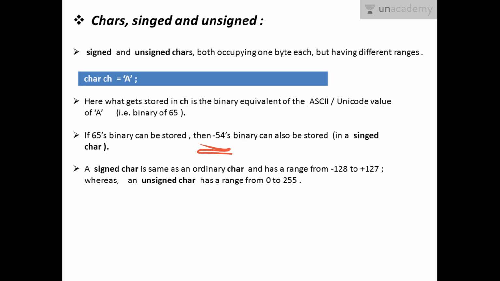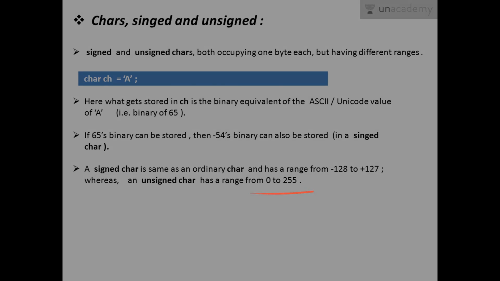Unsigned char or signed char ranges are displayed here. Signed char ranges from minus 128 to 127, whereas unsigned is 0 to 255. Any number of characters from 0 to 255 can be used as a variable for character data types.